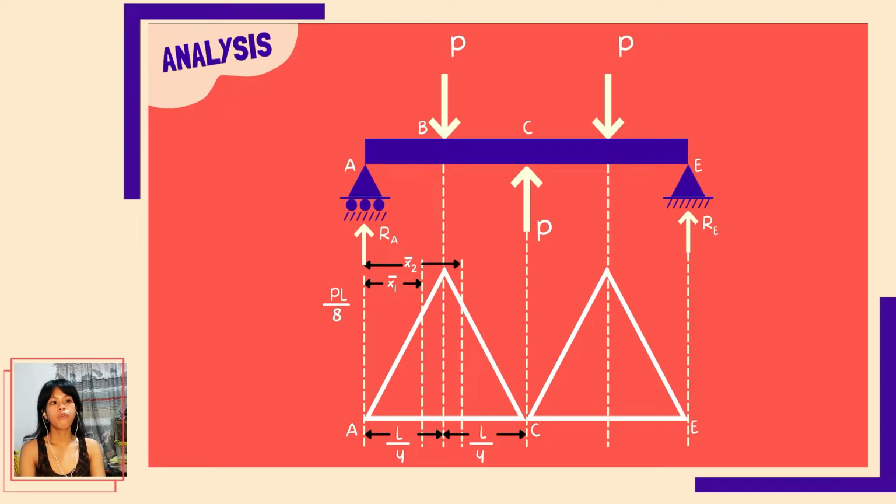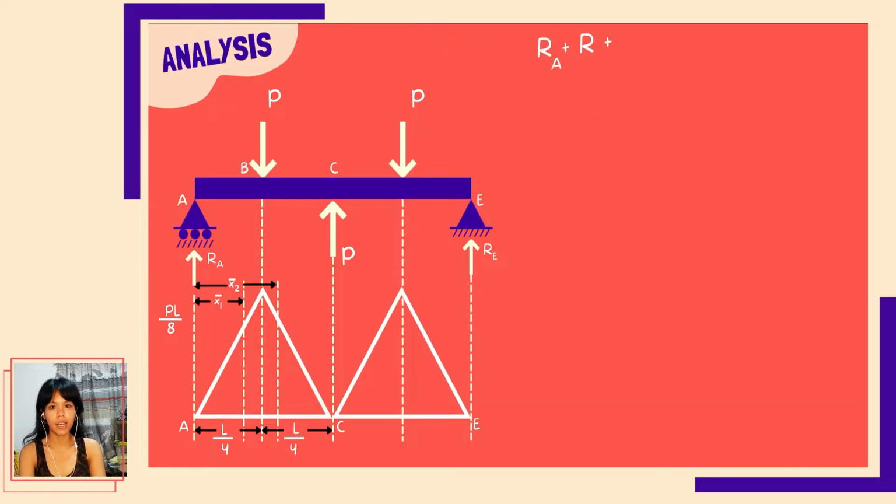From our free body diagram of the beam, we determine the reactions. To find the reactions, we sum the forces equal to 0. So, RA plus RE plus P minus 2P is equal to 0, so RA plus RE is equal to P. Then, to find RA and RE, we take the summation of moments about A equal to 0.